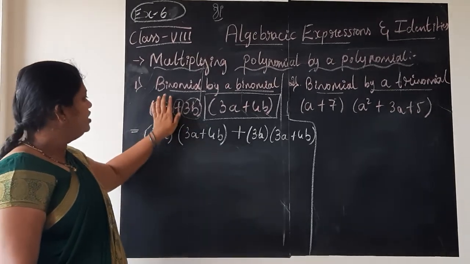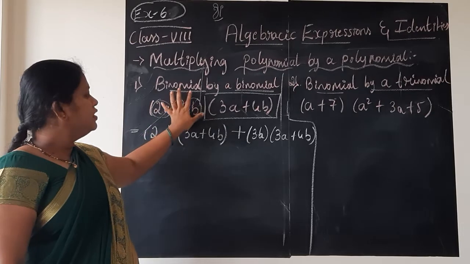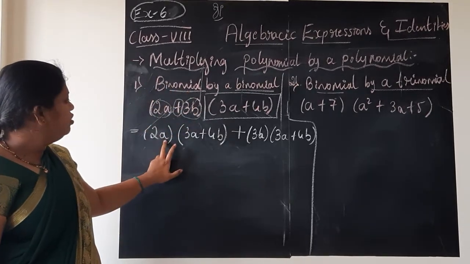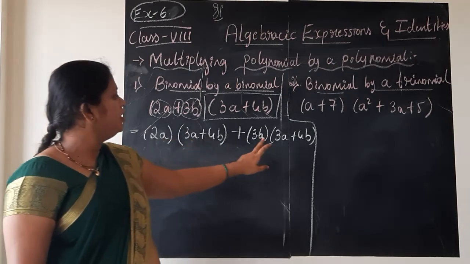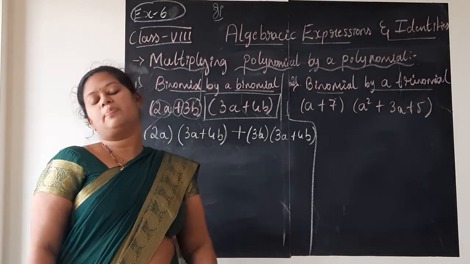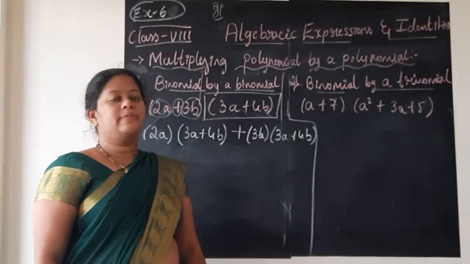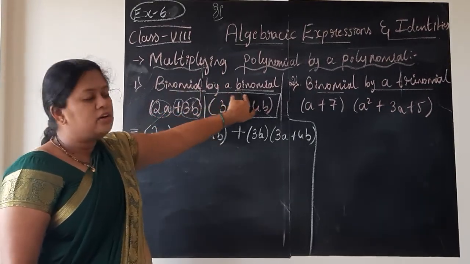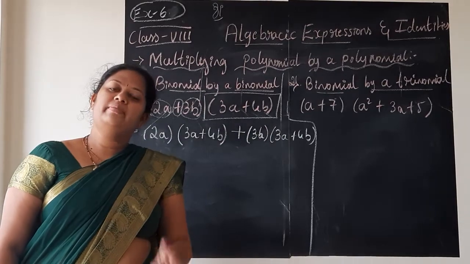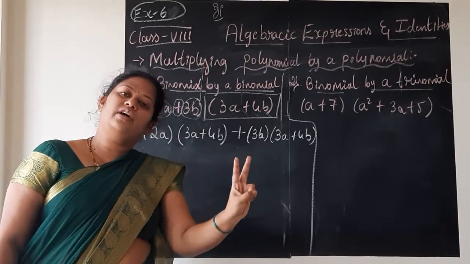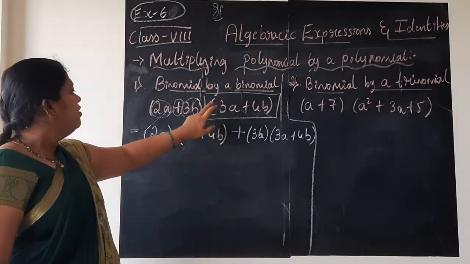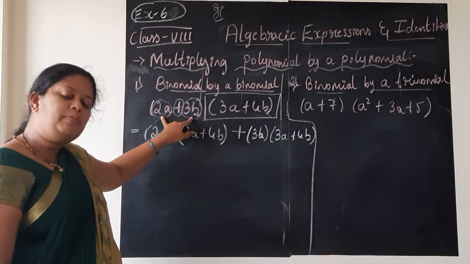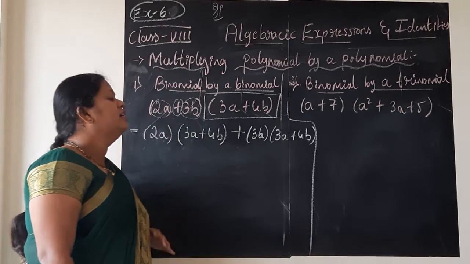After you split the first binomial into two monomials, if you look now here, monomial into binomial, same step of multiplication you will get. So once again I will tell you, whenever you are multiplying binomial by a binomial, means two terms in one bracket, two terms in the second bracket, when that is the case, always consider one of the brackets, any of the brackets you want, but let us not take risk.